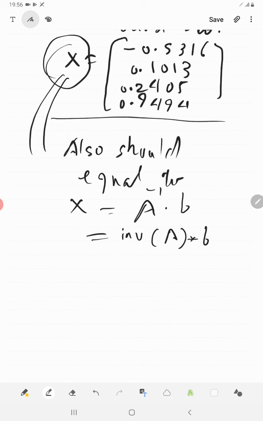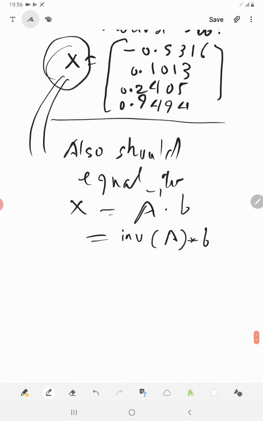The inverse of A should be the same as the inverse of L times U. It should give you the same values, because L times U should equal A, and this is A. If we say minus A, it should give you something like 0.